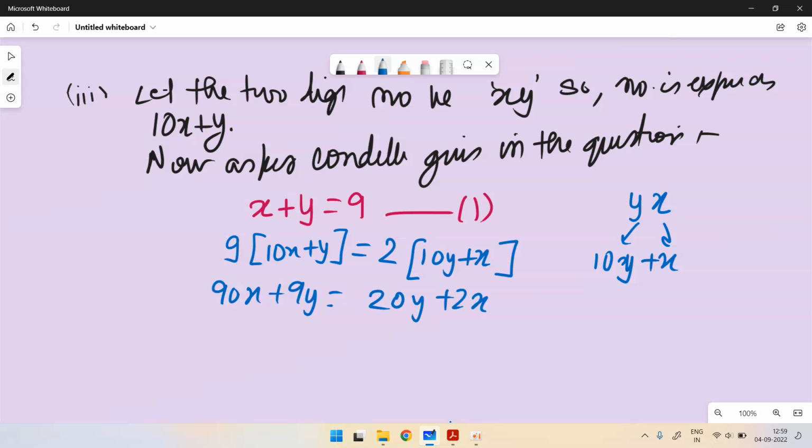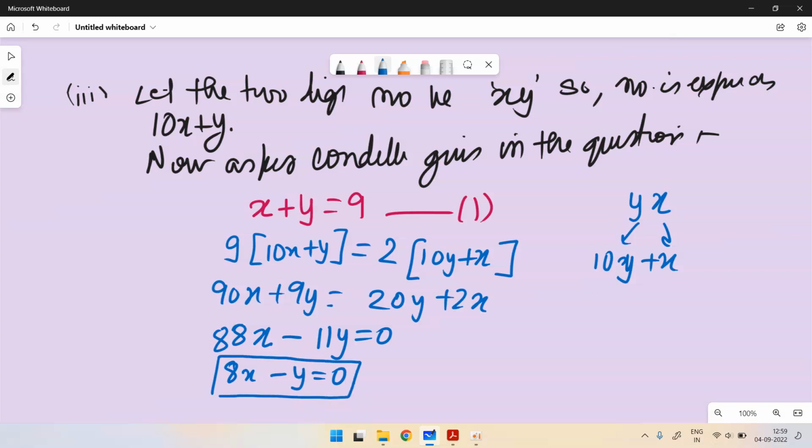You shuffle the terms, and what we get is 88x minus 11y equal to 0. This is 9 minus 20, which is minus 11, so 0. If you take 11 common, this is 8x minus y equal to 0.